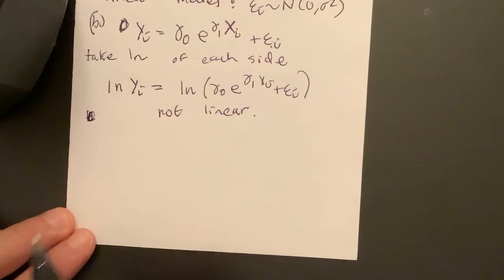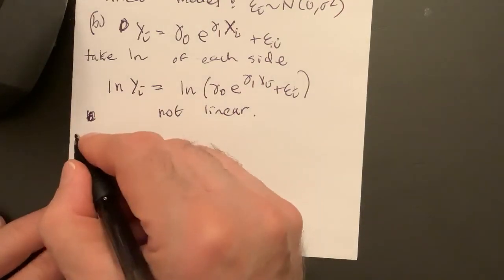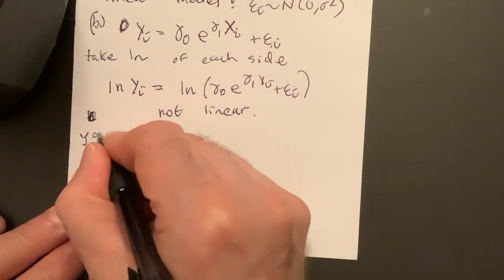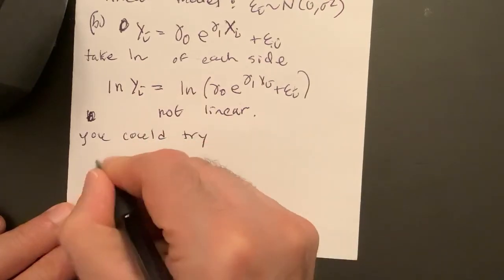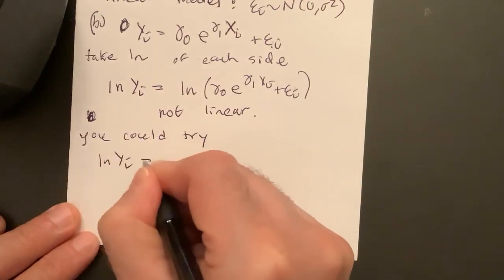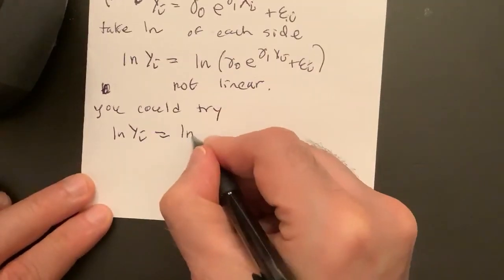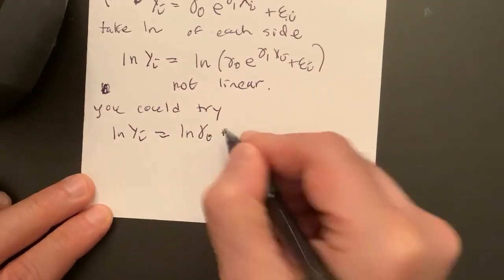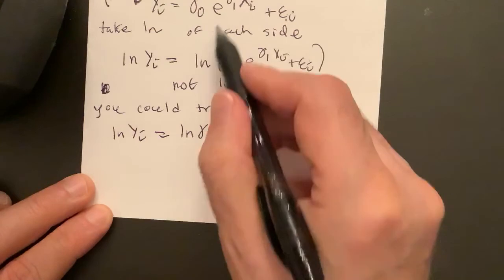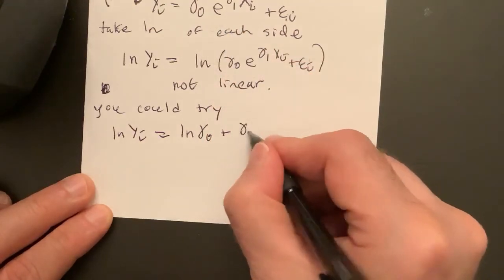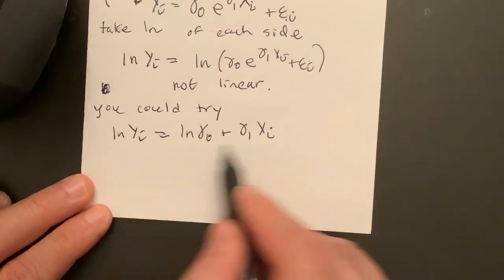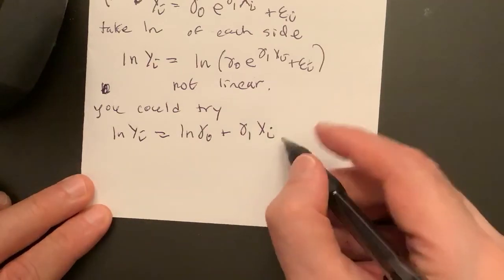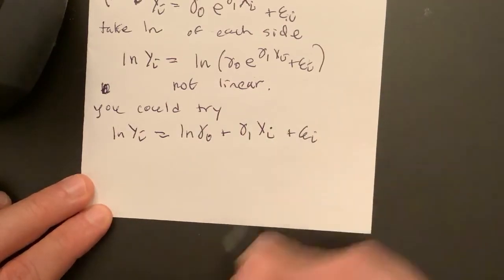So you could do this. You could still try, log yi equals, taking the log of this side, I get log gamma 0 plus, take the log of this, I get gamma 1 xi, and let's just say this. So you could try this plus epsilon i. This is different.